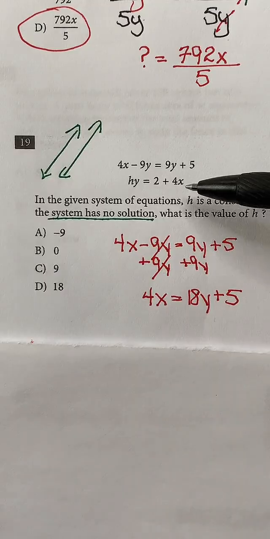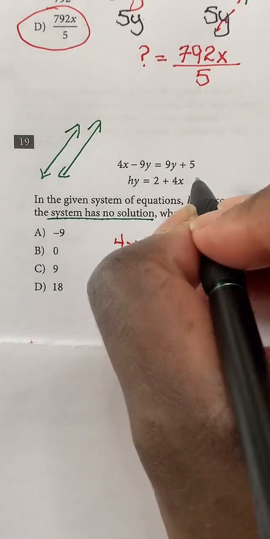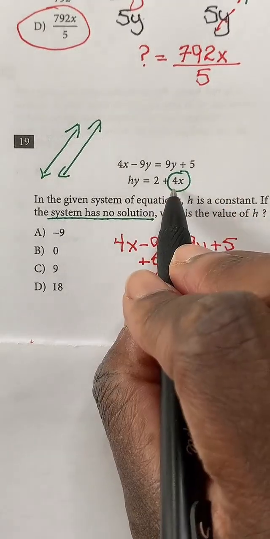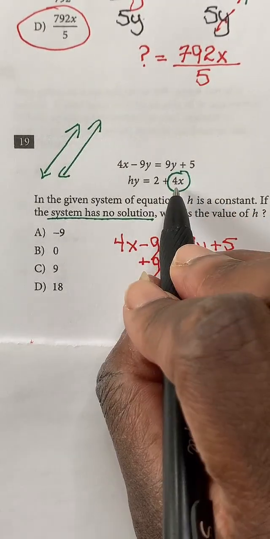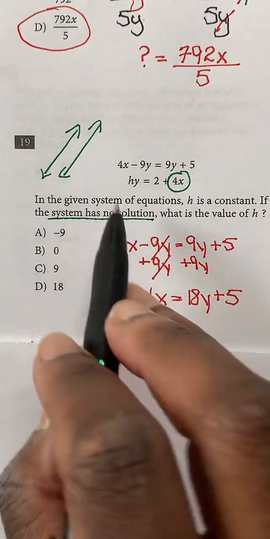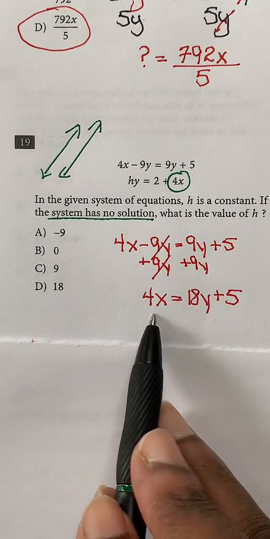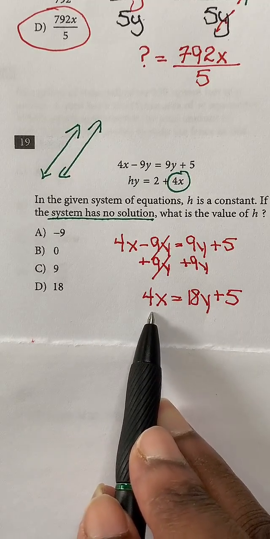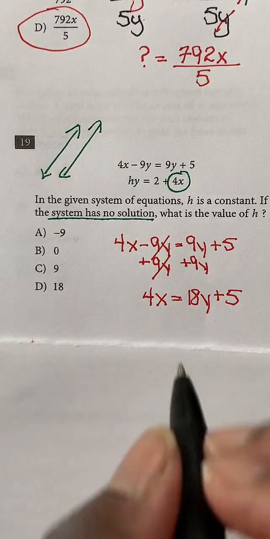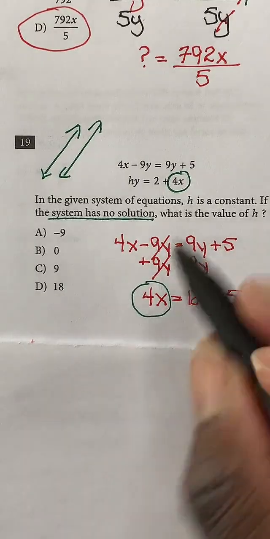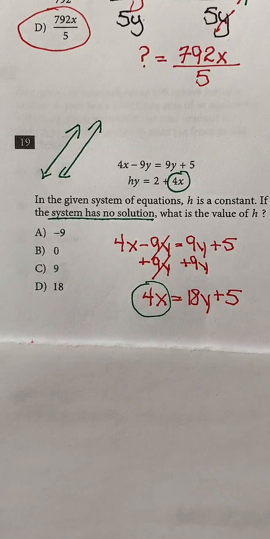When I look at this second equation, I notice that my slope, which is always the coefficient of your x, is 4. And when I solve this, my slope, or the coefficient of x, is also 4. So that means we got 2 parallel lines. But then take a look.